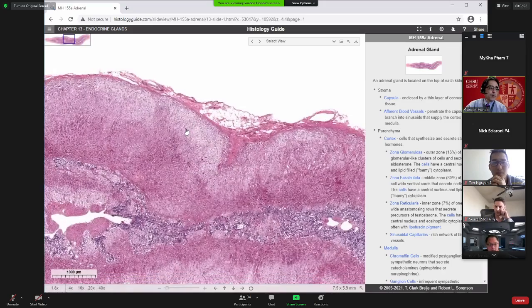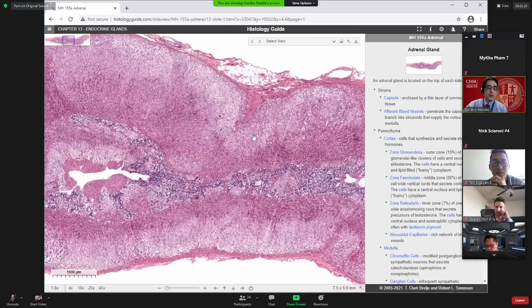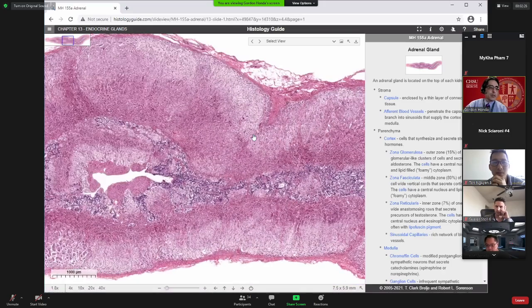Now, the first thing I just want to point out is they usually state that the zona glomerulosa is, here they say, 15% of the adrenal cortex. The zona fasciculata is about 80%, and the zona reticularis is about 7%. But if you look at this slide real carefully, the proportions don't match up.